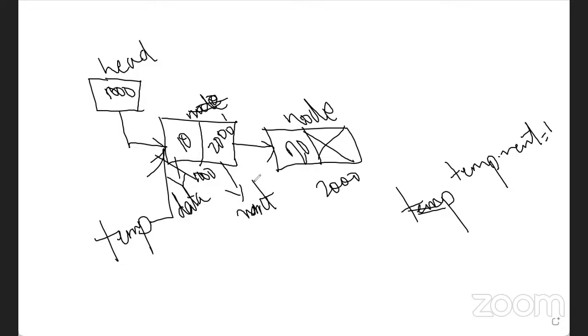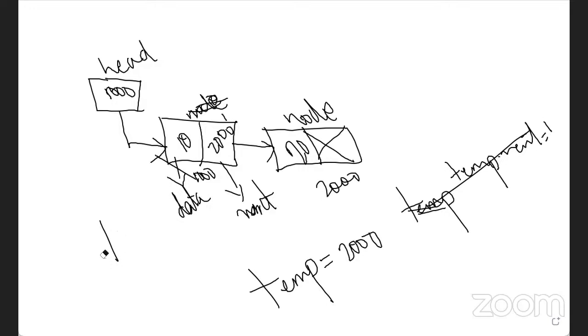Then you move this temp to here. So how do you do that? temp is equal to temp.next. What is temp.next now? temp.data is 10, temp.next is 2000. So temp is equal to 2000. Temp is no more pointing to the old node.